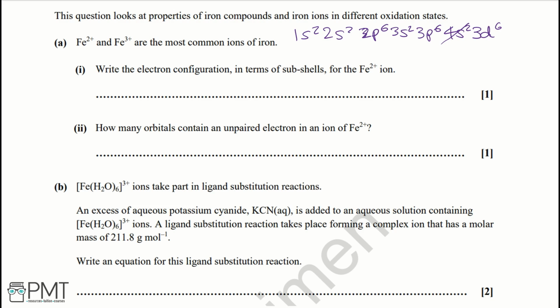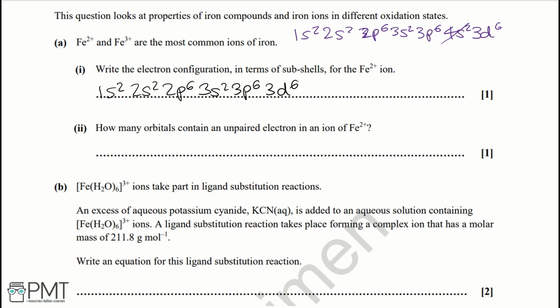That would make the electron configuration of Fe2+ 1s2, 2s2, 2p6, 3s2, 3p6, 3d6. To get the mark for this question, you must have the correct electron configuration.